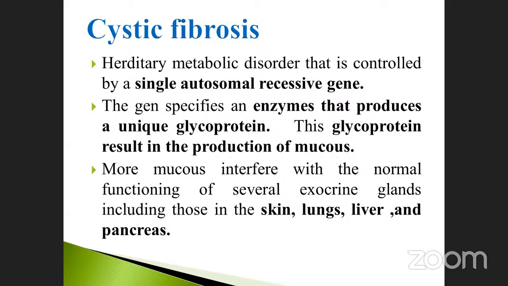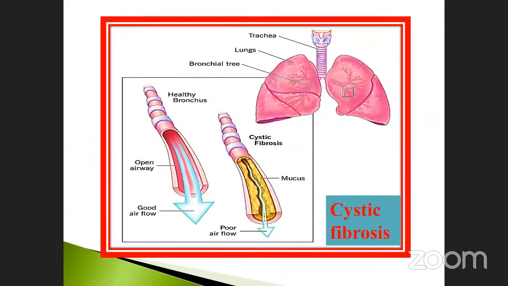See what happened. This is the lungs, isn't it? This is the healthy bronchus, the open airway, with good airflow. Due to the glycoprotein synthesis, there is deposition of mucus on the wall of the healthy bronchi. As a result, the diameter will be reduced compared to this one.